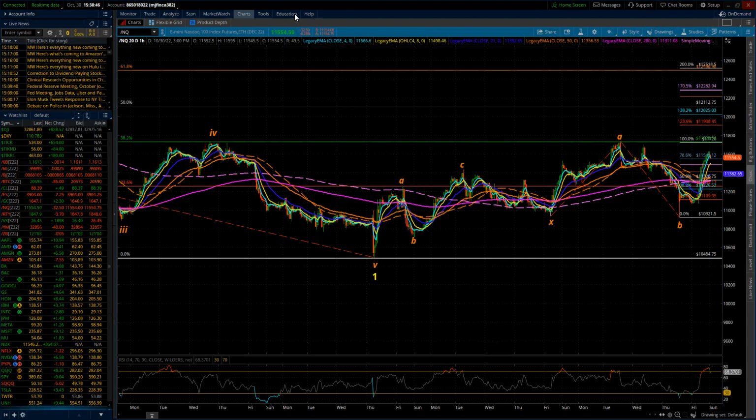It's not super important, but who knows? It could. ISM manufacturing on Tuesday at 10 a.m. is more of a market mover. And then we have the Fed announcement on Wednesday at 2 p.m. International trade in goods on Thursday, jobless claims on Thursday, pre-market, and then the employment situation on Friday, pre-market.